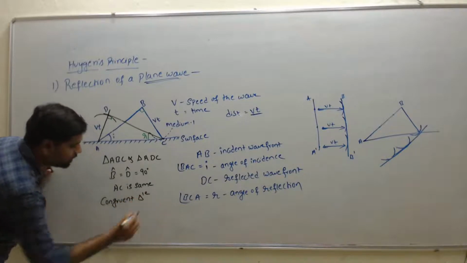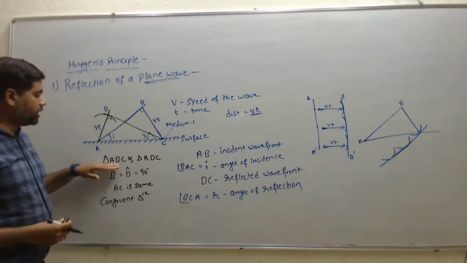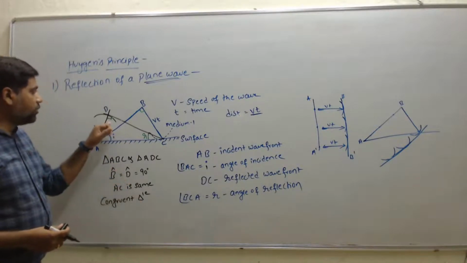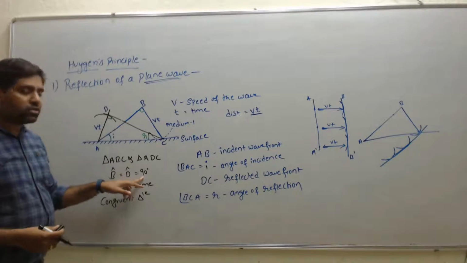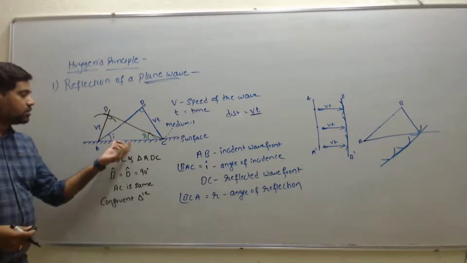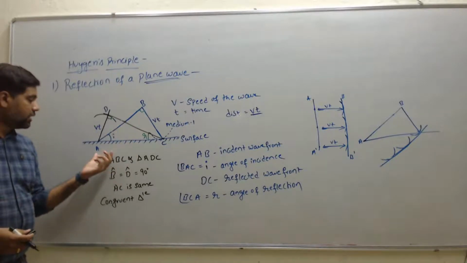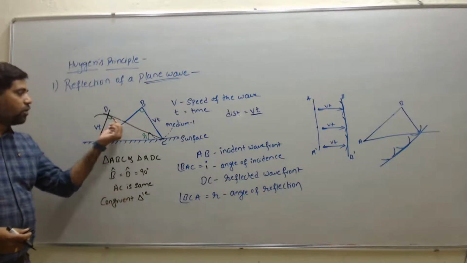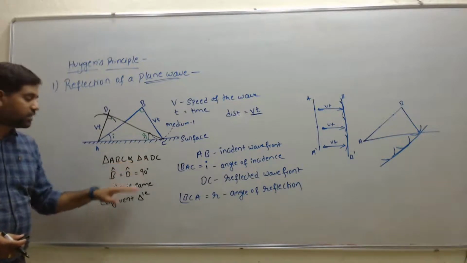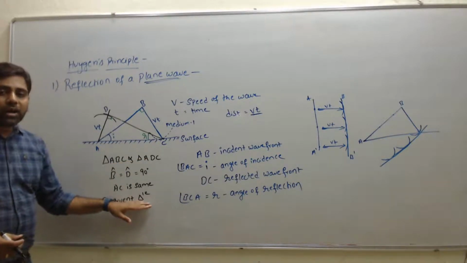Congruent triangles, right? So we can say these two triangles are congruent, because angle B is equal to angle D, that is equal to 90 degrees, and the side AC is the same for both triangles.